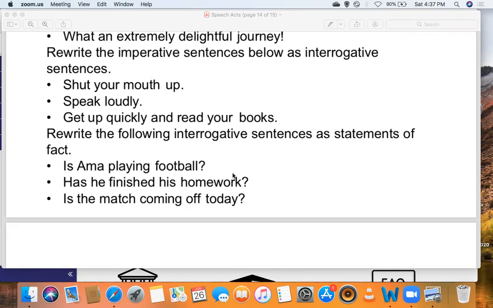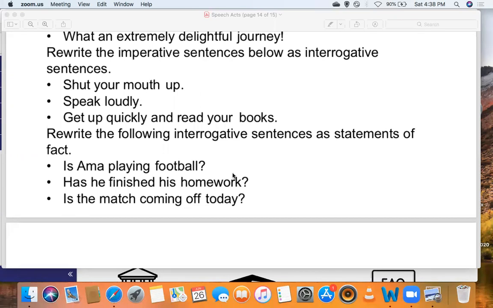Then the last exercise: rewrite the following interrogative sentences as statements of fact. So convert from interrogative to factual statement. The first one is: Is Amma playing football? Nathaniel? Amma is playing football.